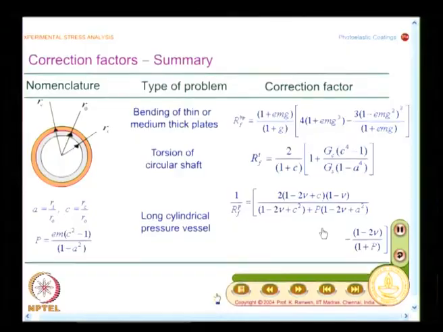And you have to understand these correction factors are applicable in regions away from stress concentration. When there are abrupt changes in the thickness, then also these correction factors are not valid. The idea here is, when you have a real problem on hand, apply a coating of reasonable thickness, so that you find out which are the regions where you have high stress gradients.